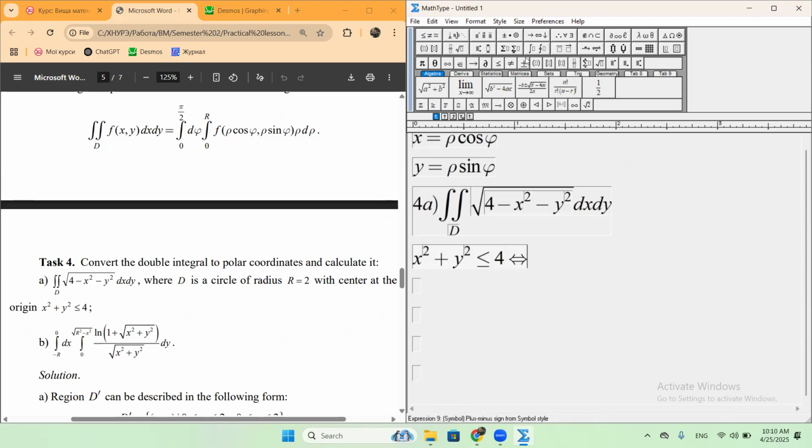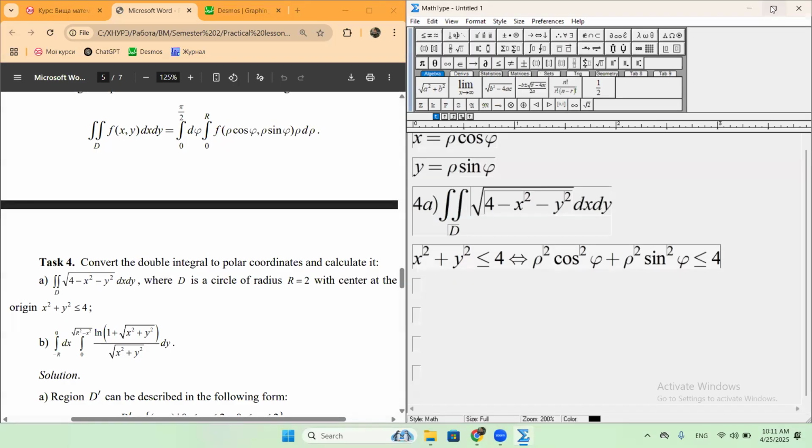So it will be transformed to, let me write again in details, rho square cosine square of phi plus rho square sine square of phi is less or equal than 4.